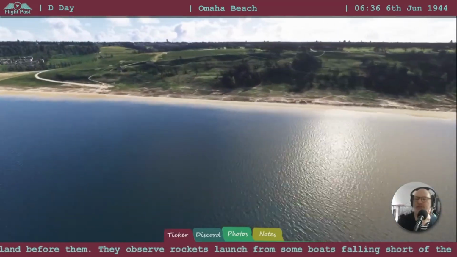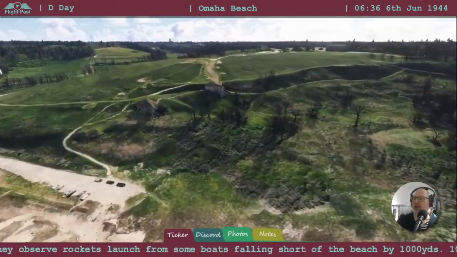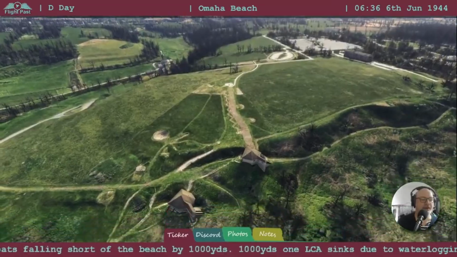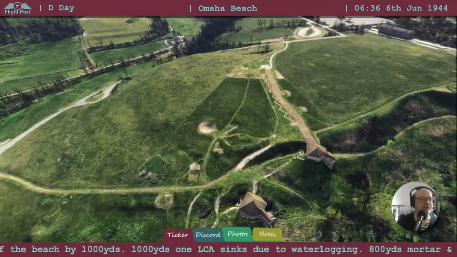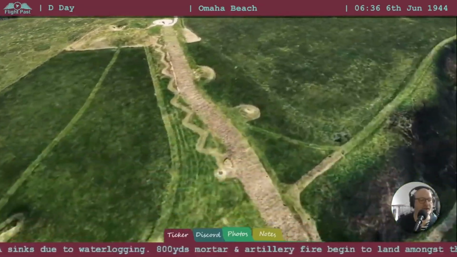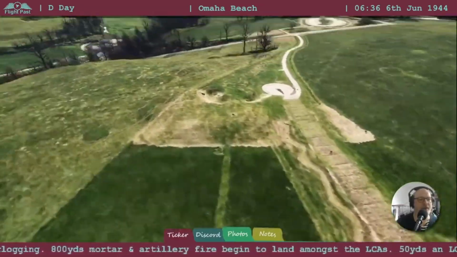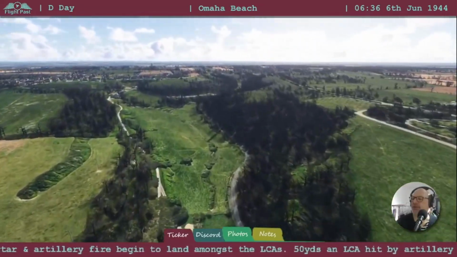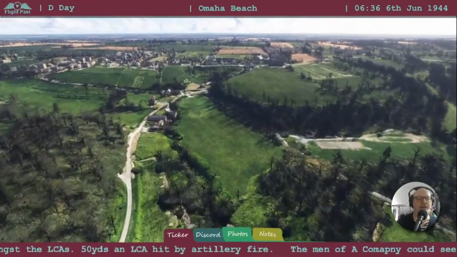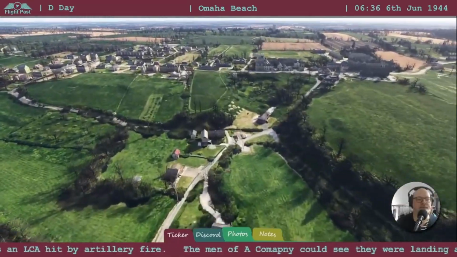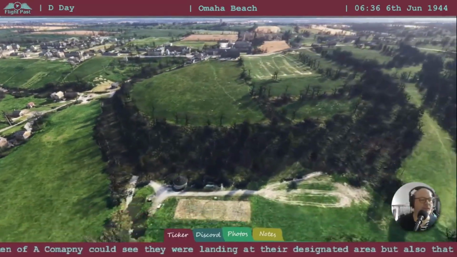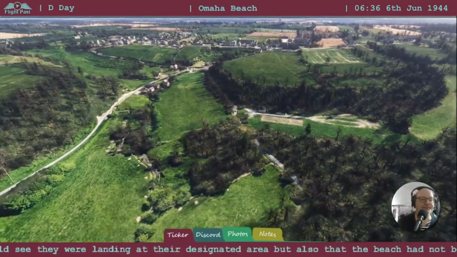And then you have Widerstandsnest 62 here on top of this bluff here. You can still see the trenches, the zigzags. And then you have 63 back here at Colleville, protecting the approach to the village.